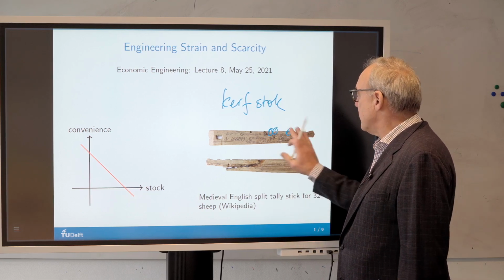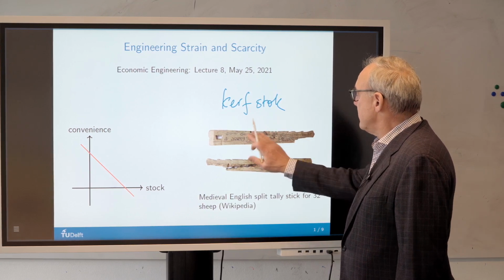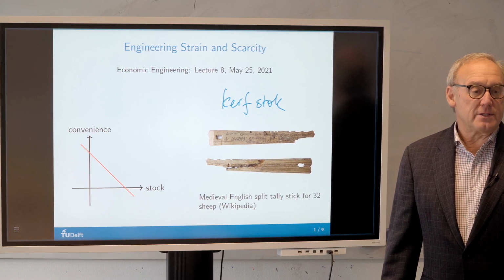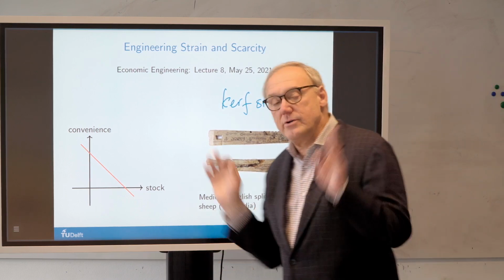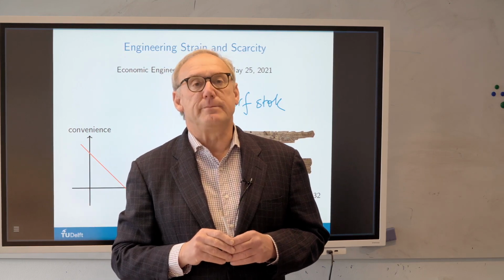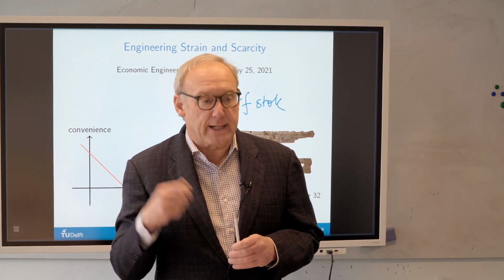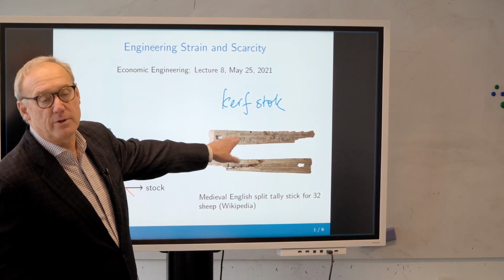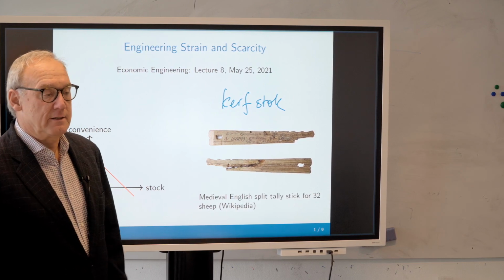I'm not quite sure how it works. And then they write in this kind of medieval script on it what the deal was. So I kind of loan you, in a sense, the sheep rather than you buy it from me. And this loan is recorded on this tally stick.